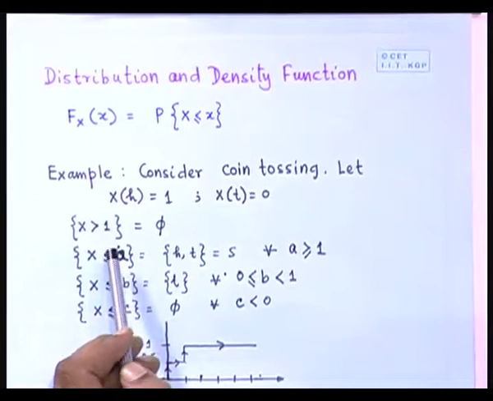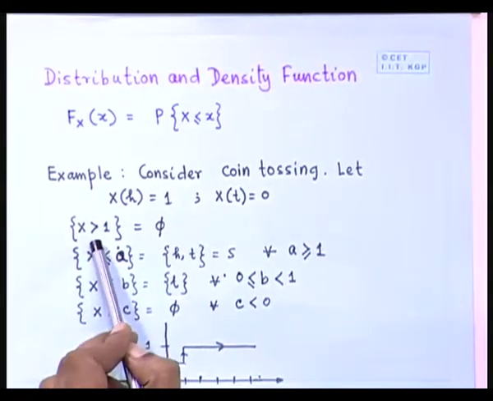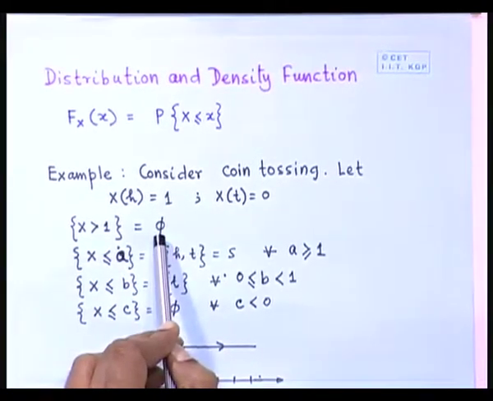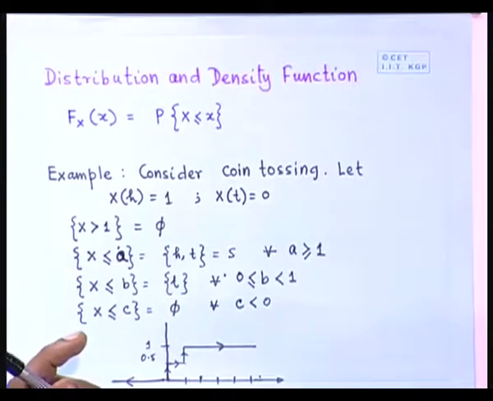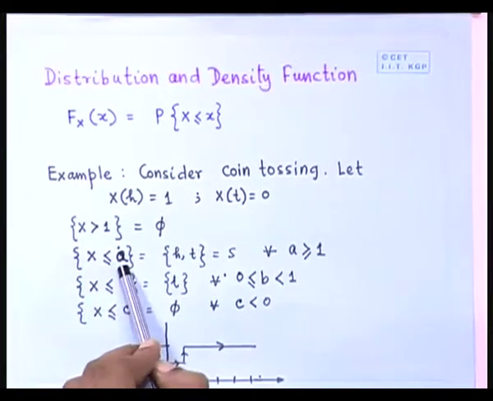So now we can again make statements. For example, we can say that X is greater than 1. This is the null set phi. X can never be greater than 1. Similarly, X less than or equal to a, what is the set?